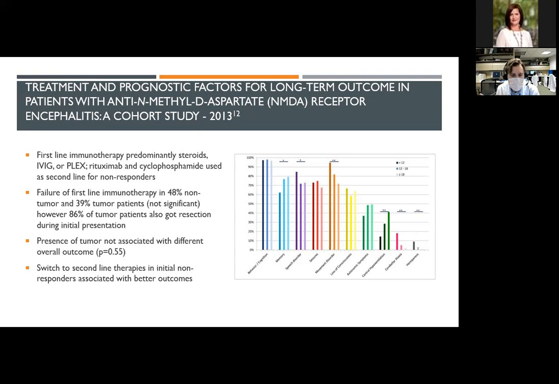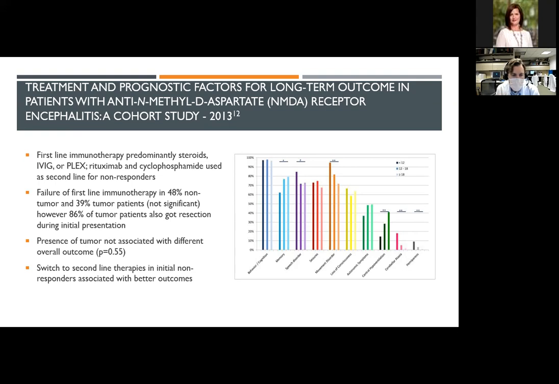Usually high dose methylprednisolone, like 1 gram daily Solumedrol, with either IVIG or Plex, sometimes sequentially, sometimes mixed up. There's not a lot of rules around it. Some people will combine them as a treatment. Some people will try one then the other, but it's some combination of steroids, IVIG and Plex that is considered first line. It's not Plex and IVIG together, because the Plex will just take all of that right out of your blood, but one or the other.